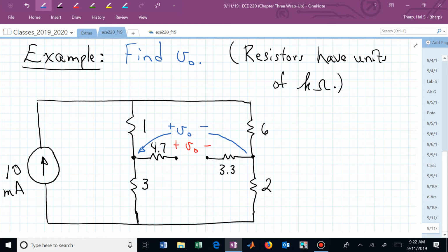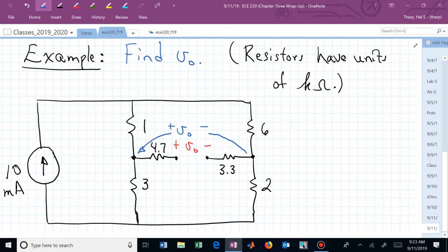But here, V sub 0 is the same, red or blue. If V sub 0 is blue, if that's the way we want to look at it, what would be a very quick answer to this if I had designed the problem properly? Or what would be a quick way to find V sub 0?